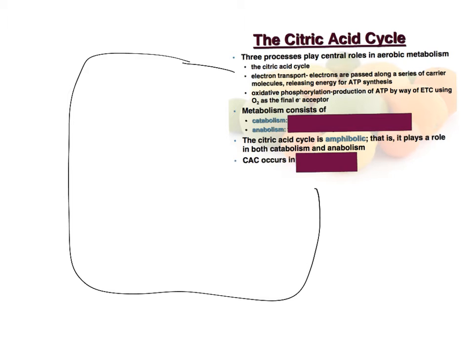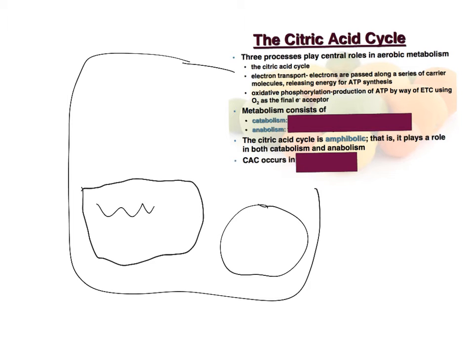And then we've got the nucleus. Yay. We've got the mitochondria. This is not drawn to scale. And don't hate me for my artistic ability, but it's definitely not drawn to scale. Mitochondria are really small.